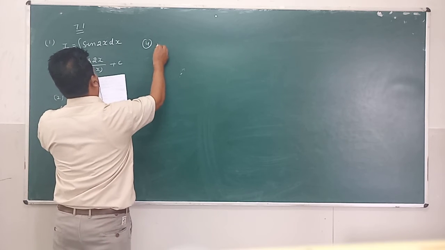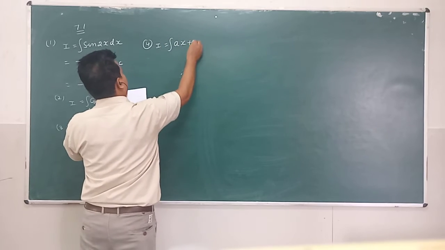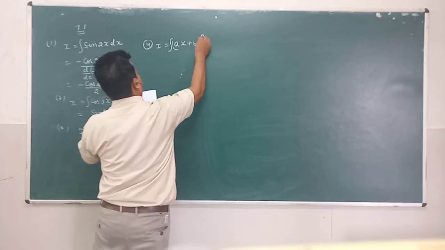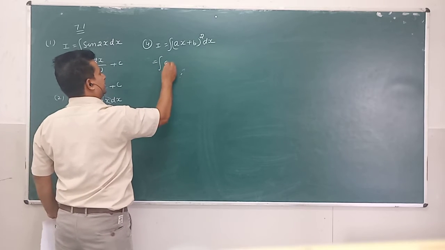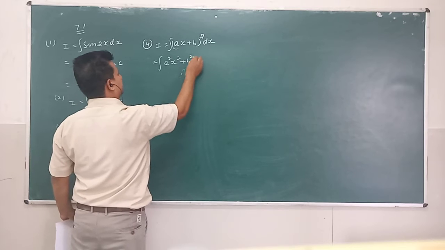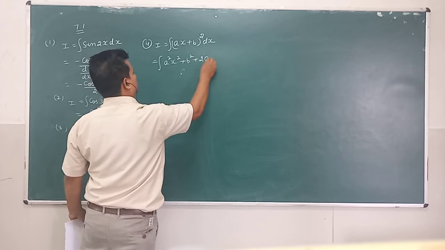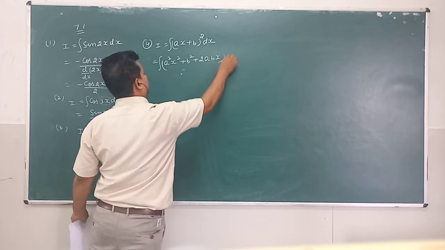In question number 4, the statement is (ax plus b) whole square dx. When we open this identity, a square x square plus b square plus 2abx. This is the identity.